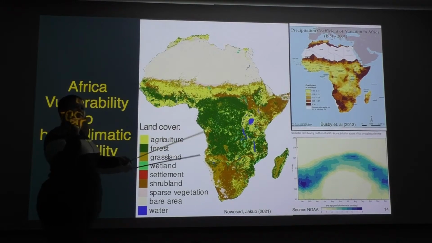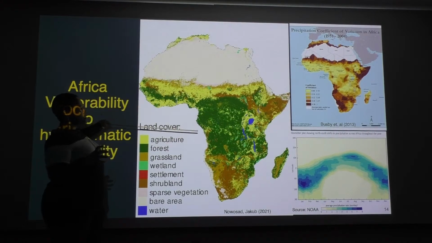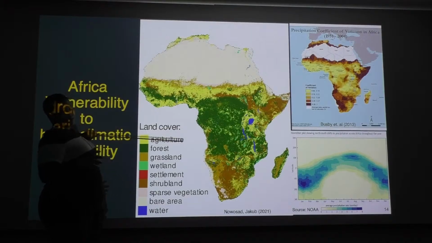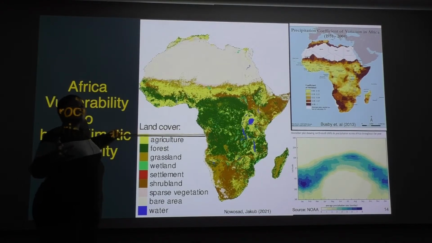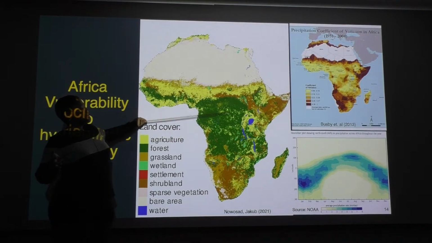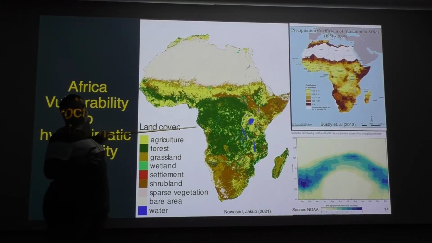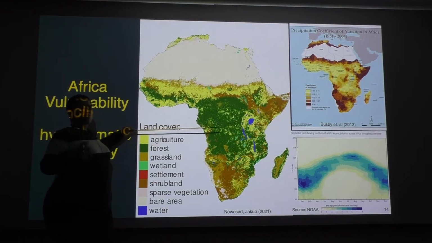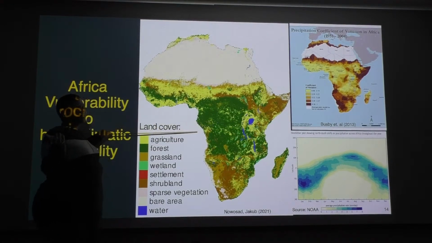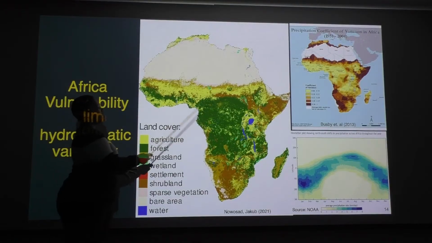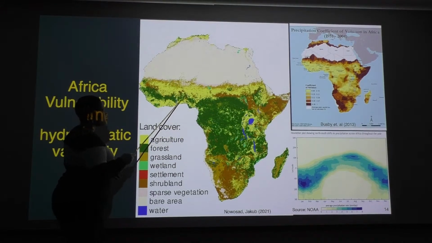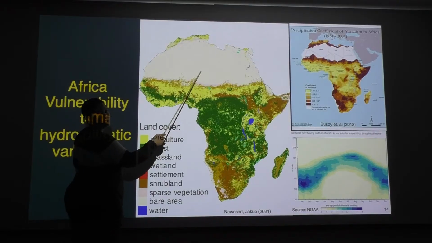But there is one system which is causing all this. It is the intertropical convergence zone, where the wind from the north and the south converge over the equatorial belt. And you talked about the atmospheric river the other day. So they connect with that, because the ITCZ moves south and north.